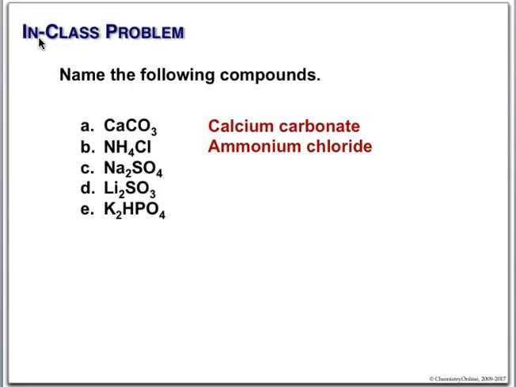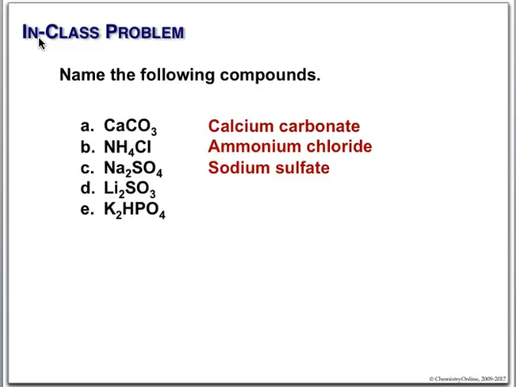Our first element is sodium. SO4 is what? We've done this one several times now. SO4 is sulfate. If we take one oxygen off sulfate, what do we get? Sulfite.